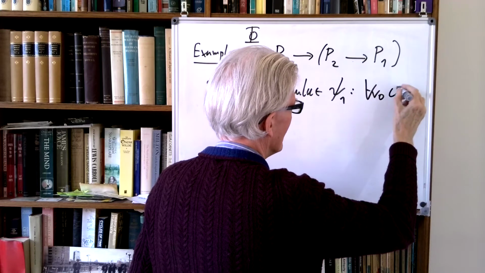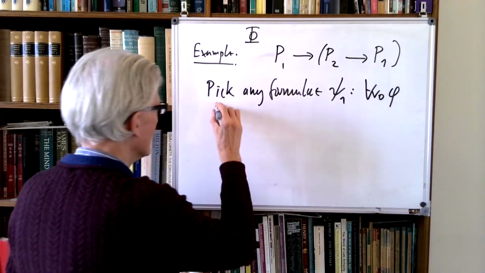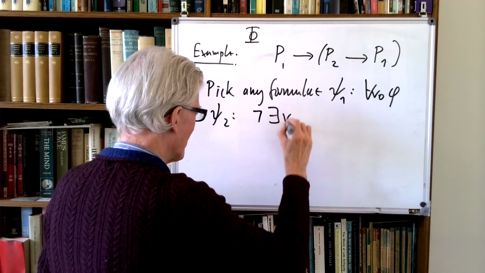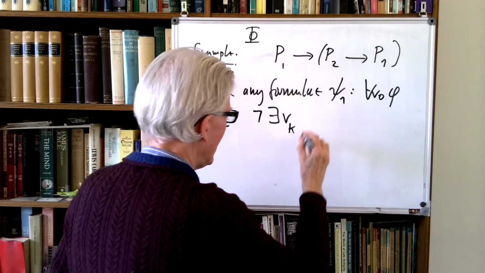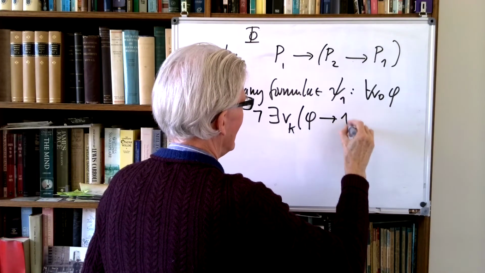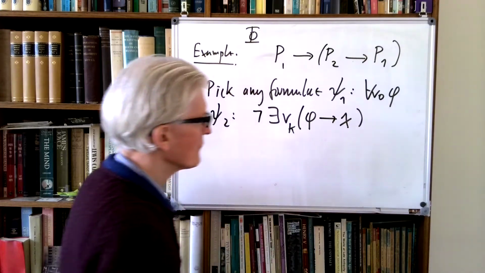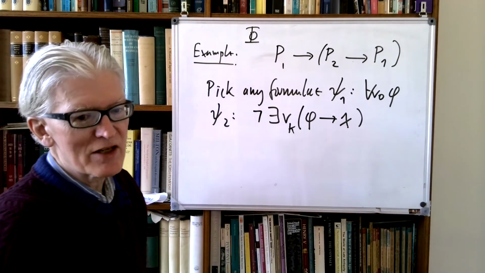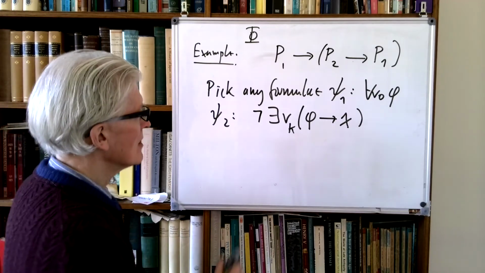For psi 2, well, let's say not exists vk phi arrows chi. So I'm just thinking of things at random here, right?